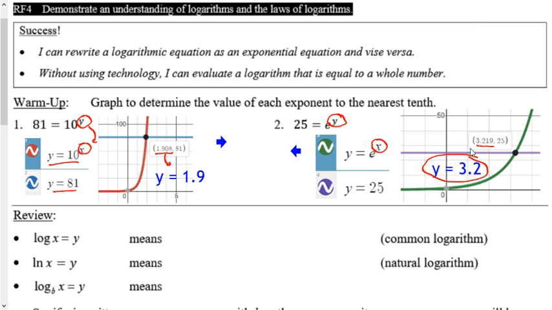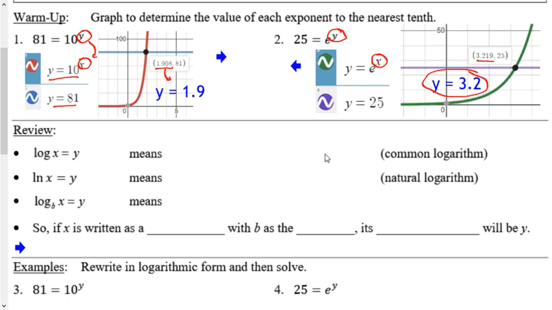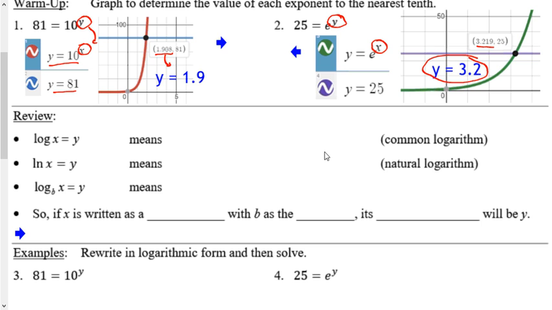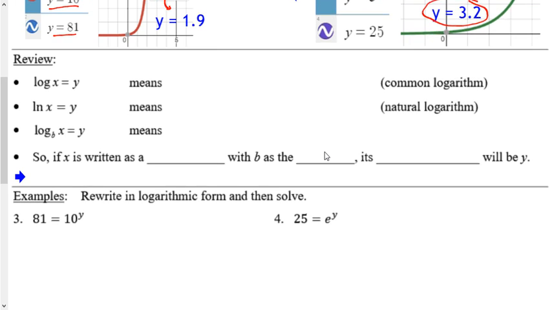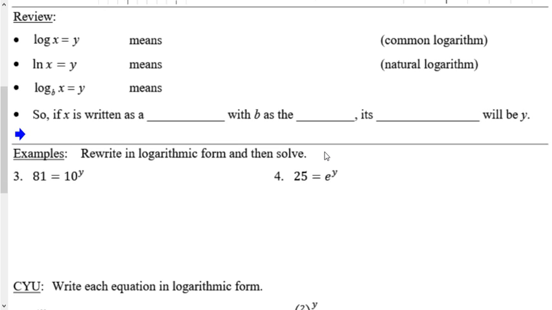Today, we want to look a little further at the relationship between exponential functions and logarithmic functions. So first of all, a review from what we looked at in the previous lesson. If I have this expression, the log of x equals y, and there's no subscript here, then we assume that there's a subscript here, which is a 10. So we'd say this is a log base 10 of x equals y.